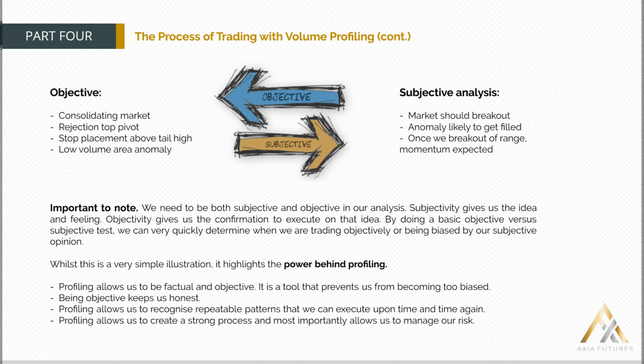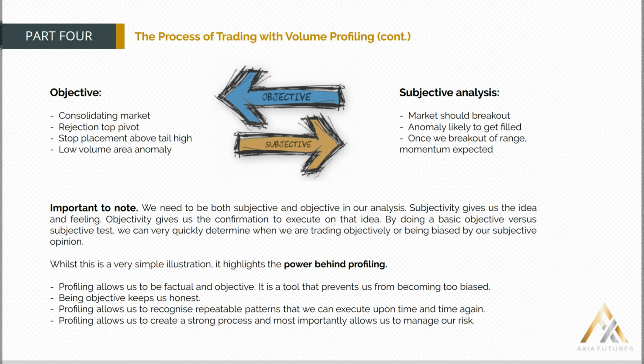Let's now take a look at some of the benefits of using profiling then. Profiling allows us to be factual and objective. It is a tool that prevents us from becoming too biased. Profiling allows us to be objective, therefore remain honest. Profiling allows us to recognize repeatable patterns that we can execute upon time and time again.